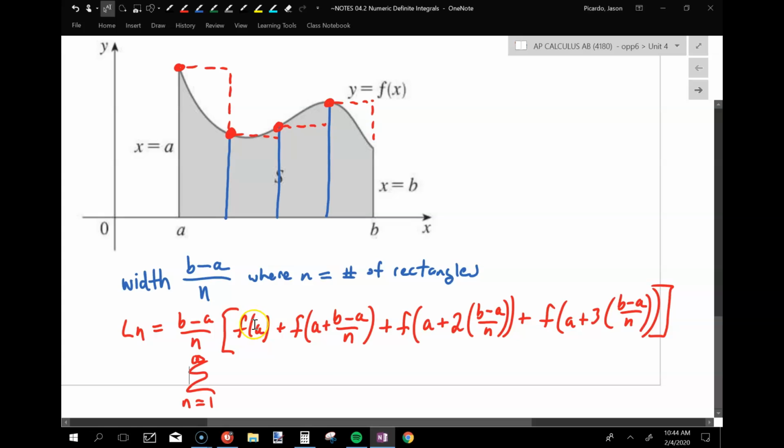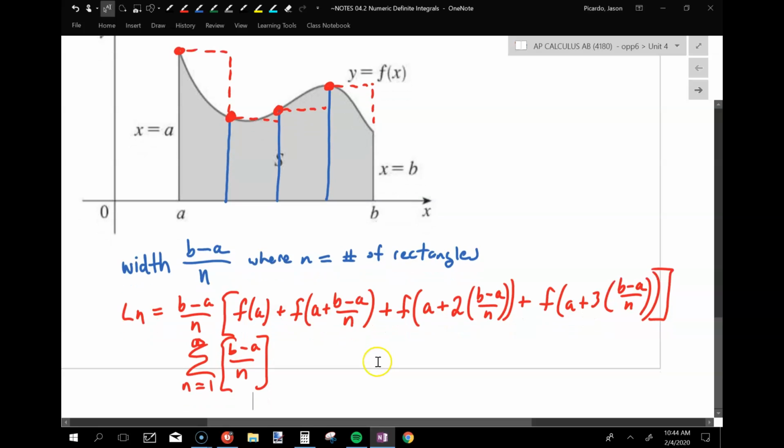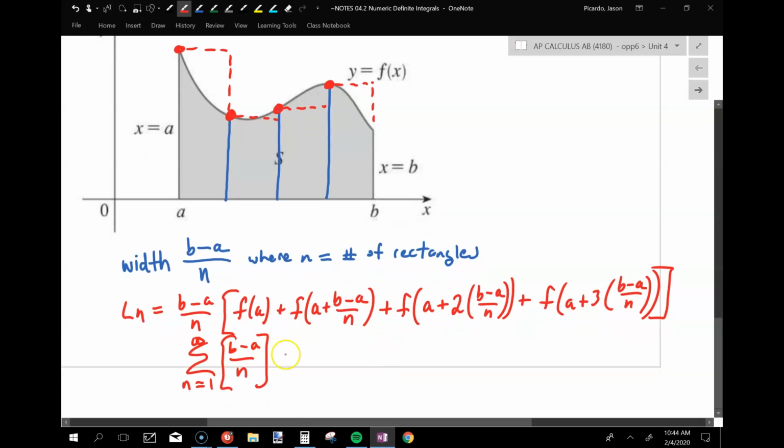So what I can do is I can actually write this generally now as the summation of b minus a over n, that's going to be our width, right, times our length, which is f of a plus n minus 1 times b minus a over n.